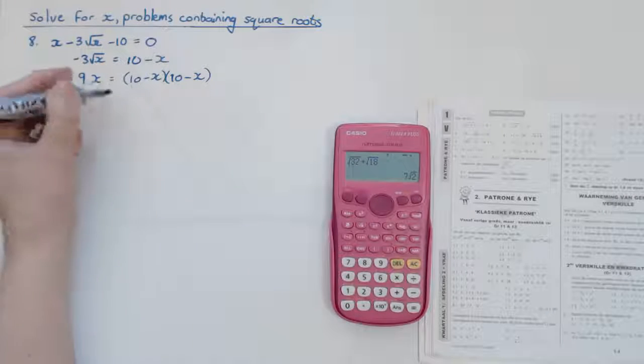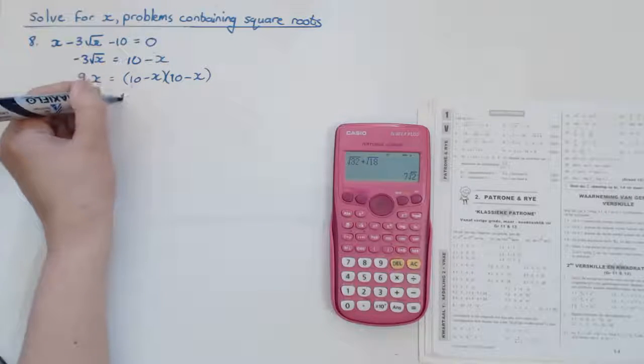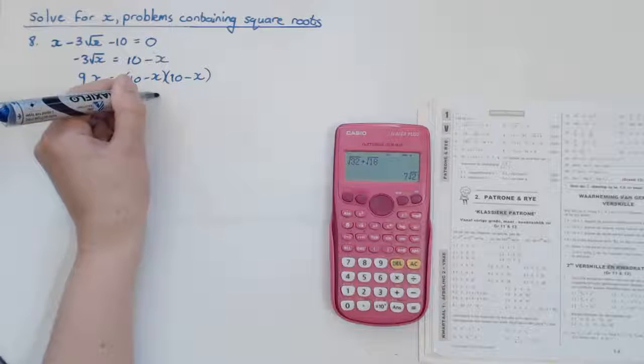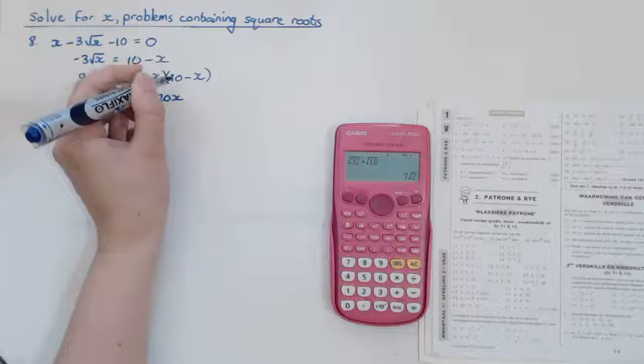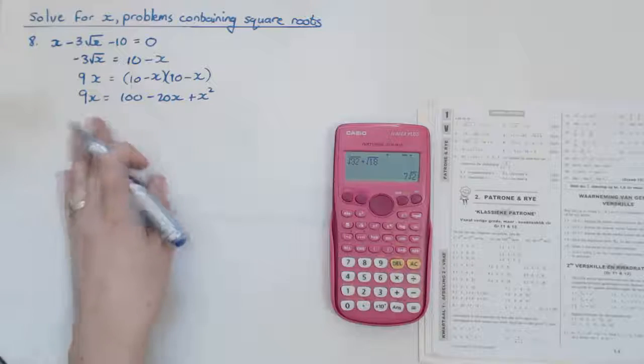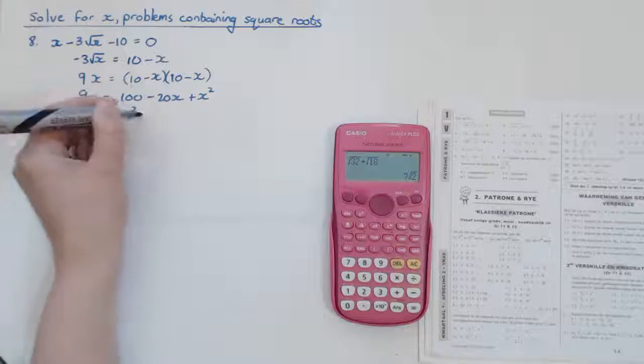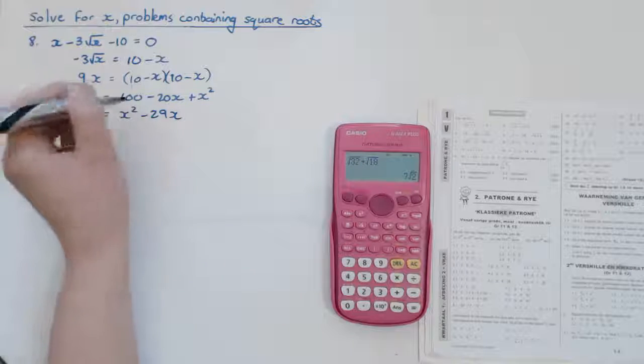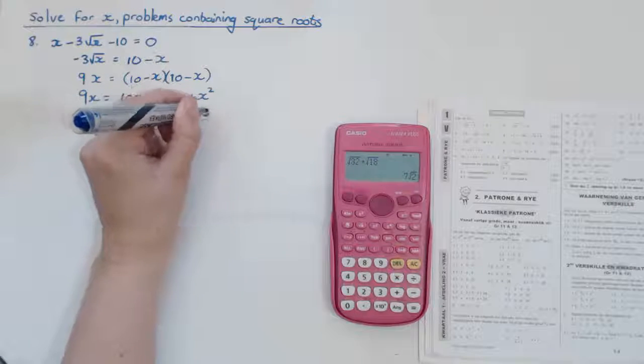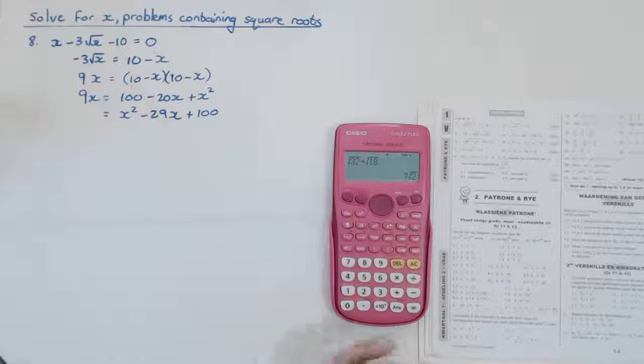And then I'm left with minus 20x plus x squared. I'm left with a quadratic equation. I'm just going to reorganize it a little bit and take this one over: x squared minus 29x plus 100.